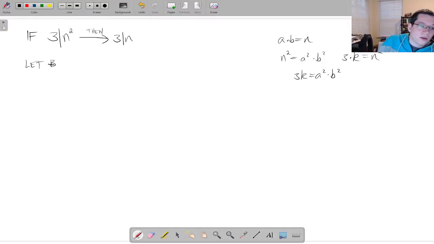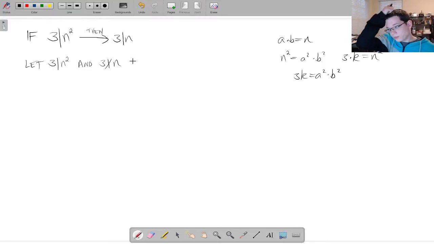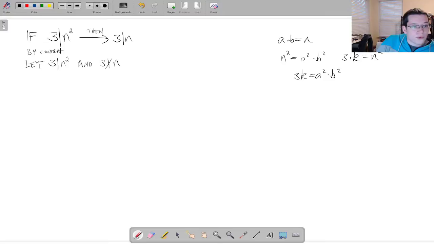Let 3 divide n squared and 3 not divide n, by contradiction.